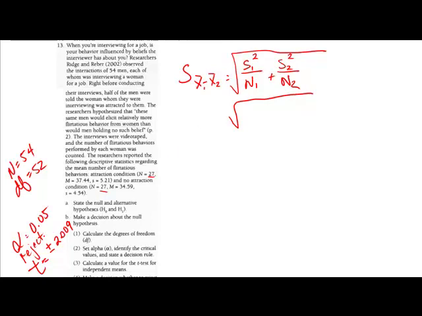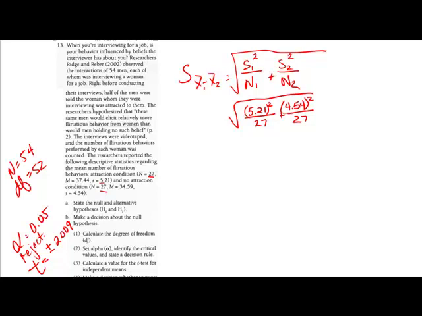S1 is 5.21, n1 was 27. Okay, let's fire up the calculator. 5.21 squared is 27.1441.